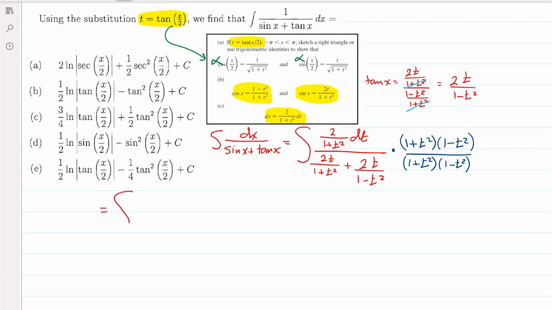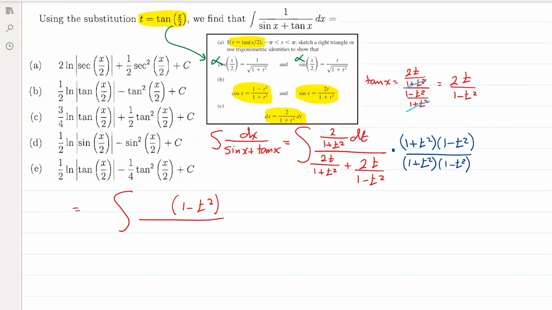So let's see here. This one will be simpler. 2 over 1 plus t square times this. So 1 plus t square simplifies with 1 plus t square. So you will have 2 times 1 minus t square, divided. Doctor, you can't take 2 from the beginning. Yes, we can. If you want, we can put this 2 outside. Why not? We can put this one outside or keep it inside.